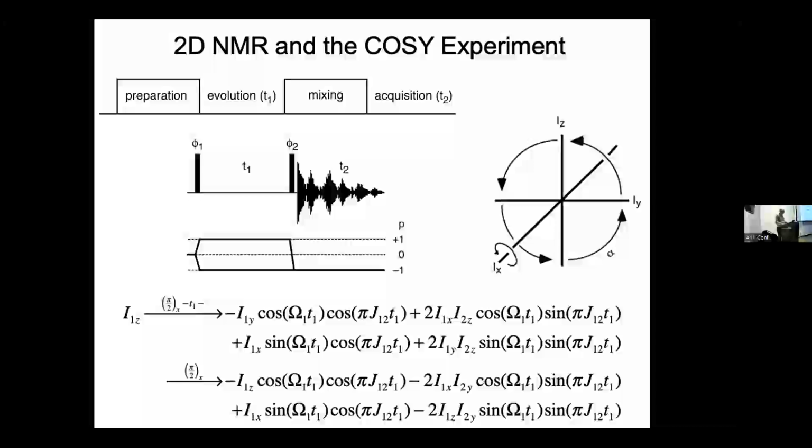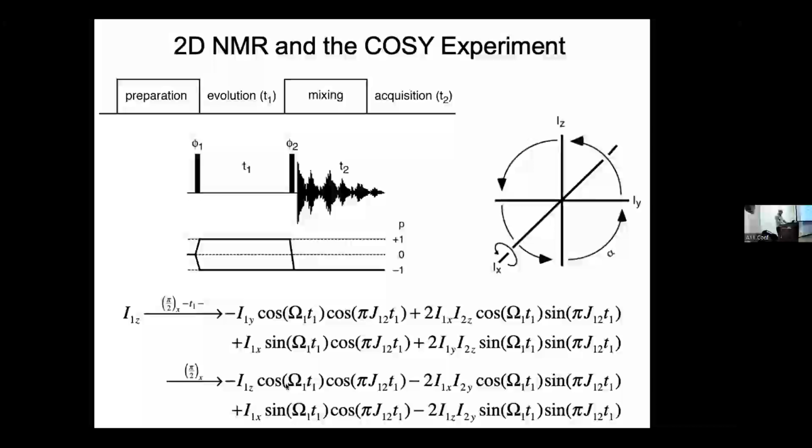So that operator can only evolve under the chemical shifts of the two spins, but will never have a non-zero trace with the detection operator, because the detection operator, as we saw, only has a non-zero trace with operators proportional to I minus, or I1 minus, or I2 minus. So the first two terms don't give any signal.